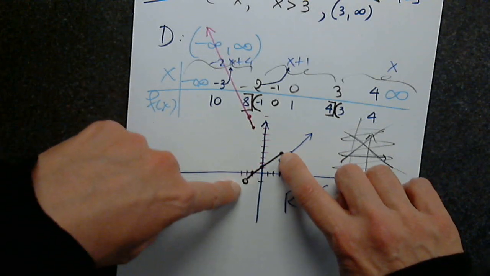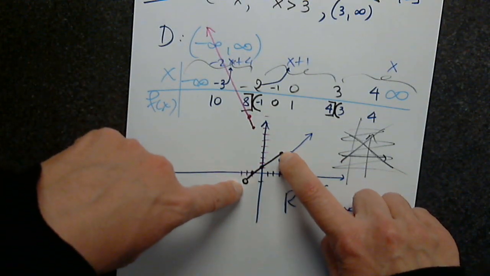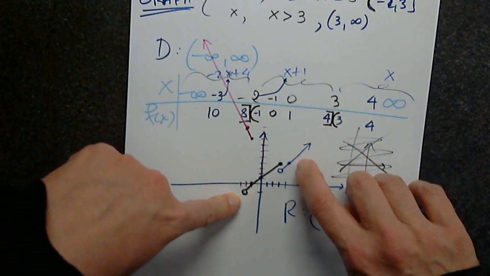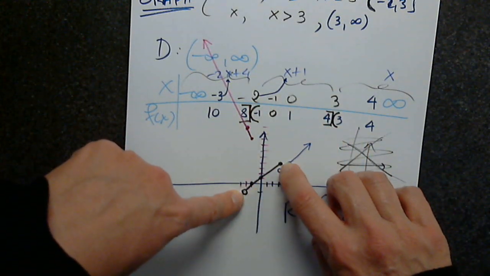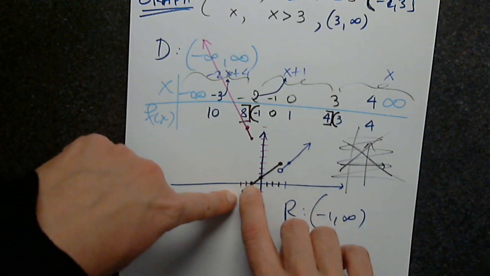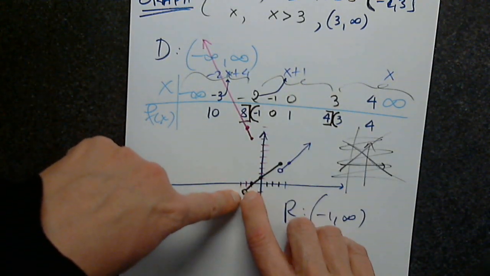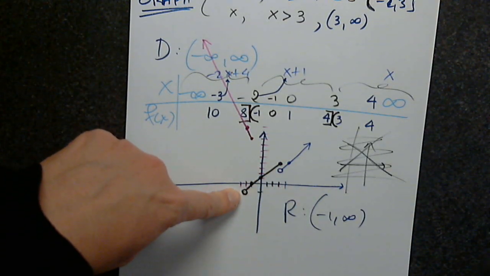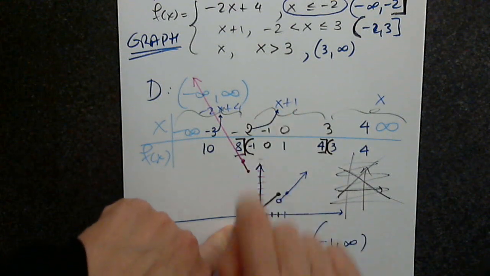And 3, 4 is here. I have no choice. I have to connect the points. I plotted 1, 2, 3, 4 points. I have to connect them. It's a linear function, so it has to go from this point to this point through each point. It has a positive slope also.